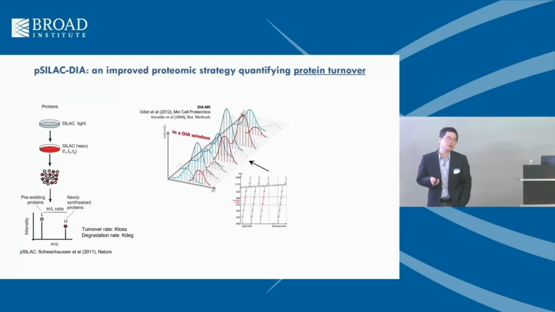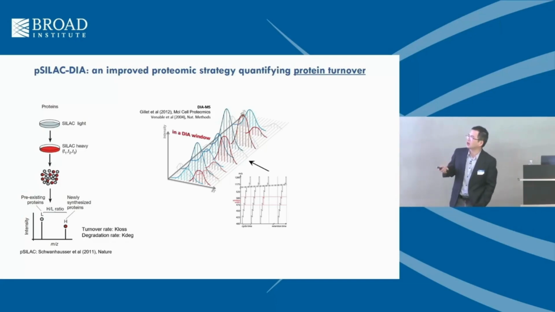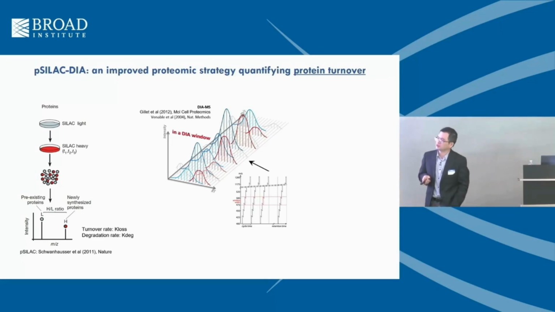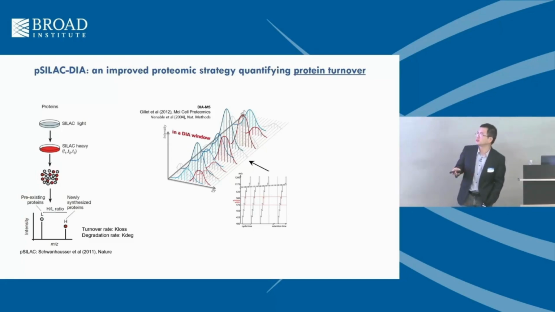and then use mathematical models to quantify the protein-specific turnover rate or degradation rate. We know that DIA is very reproducible, and the DeltaSILAC experiment needs multiple samples due to the time course.